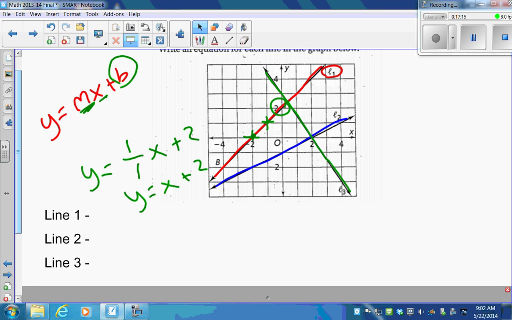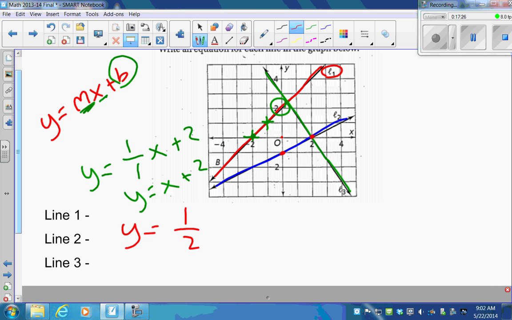Again, find 2 points right on the line. Here's a point right here. There's a point right there. Y equals, this rises 1 and runs 2. I cannot simplify that at all. X goes next to my slope, and then it crosses at negative 1, because there's my origin. Make sure you get that negative in there.